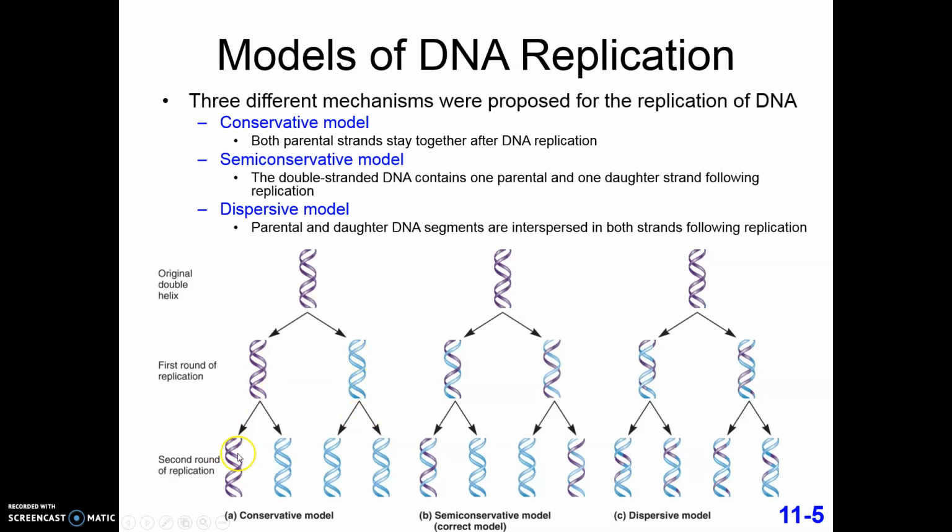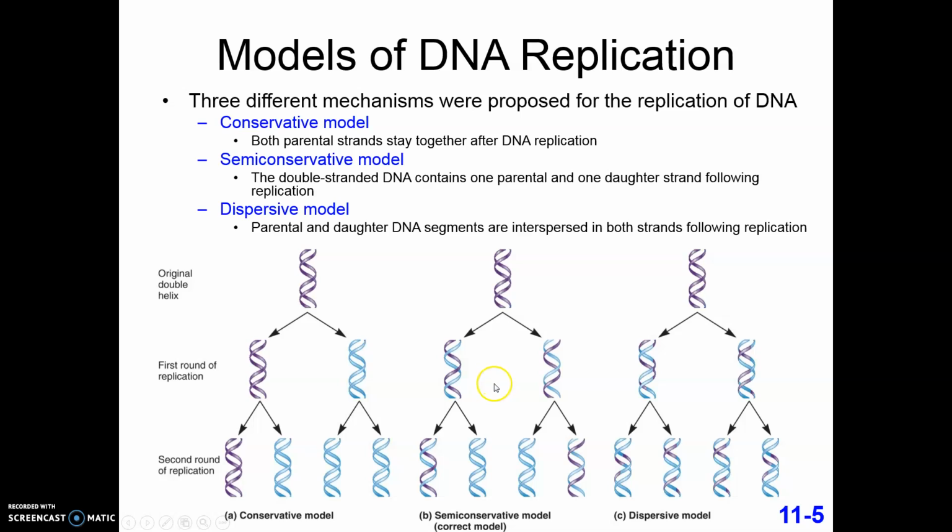We go through a second round of replication. We'd end up with one original set and then 3 copies, because this one would get copied, so it has a copy here. This one would be present down here, so this and this are the same. Here's a copy. So this is referred to as the conservative model because this would imply that there's an organism out there that has its original DNA from all the way back when.